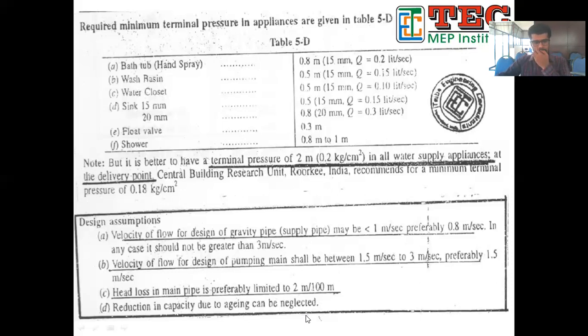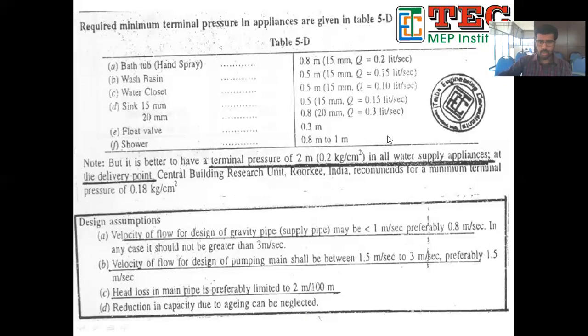There will be some effect on the capacity due to age, but that can be neglected, so don't worry about that. That is one of the things you have to keep in mind.